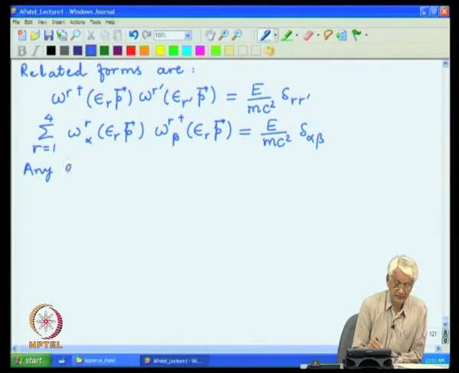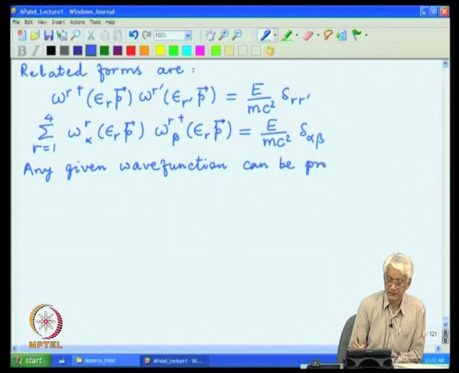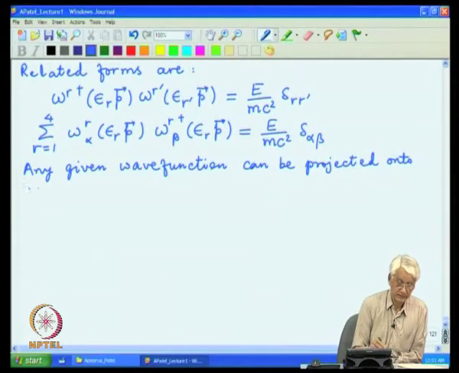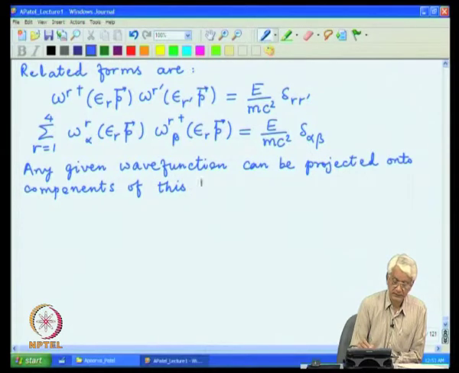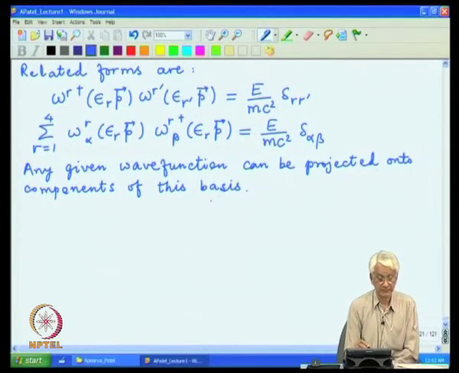Any given wave function can be projected onto components of this basis. And the reason for doing that is we can now assign specific meanings to what this basis means.